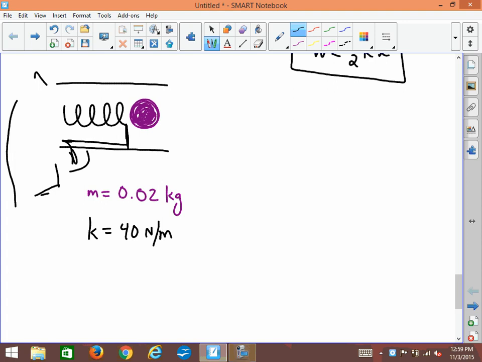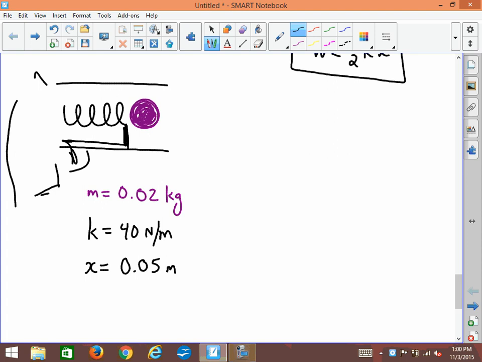So the spring is compressed in there and being held in place by this device attached to the trigger. And so the x value is going to be 0.05, about 5 centimeters, so that would be 0.05 meters.